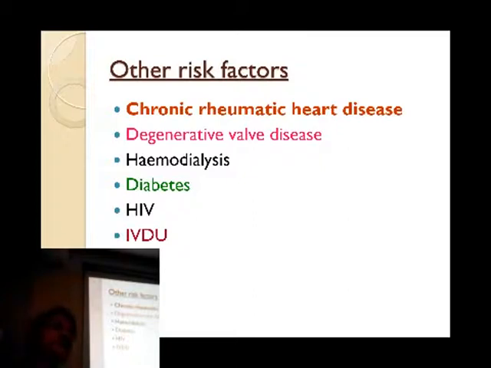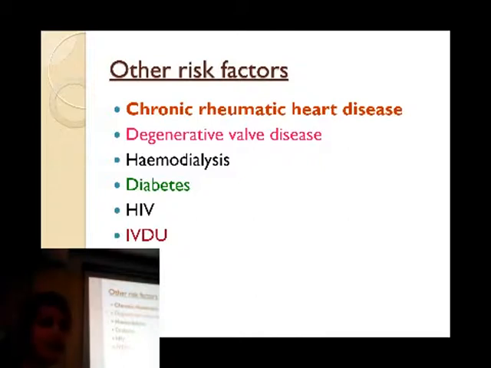Now, degenerative valves are becoming more common because of prolongation of life expectancy. People living above 65 years is increasing. So more and more people will be diagnosed with degenerative heart disease, especially aortic sclerosis or myxomatous mitral valves, while these rheumatic heart conditions are coming down in the community.